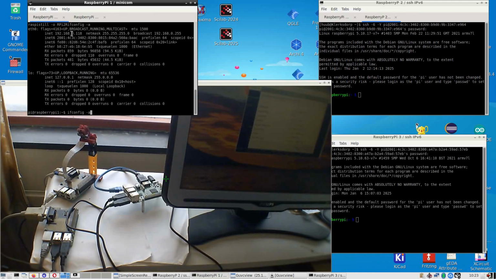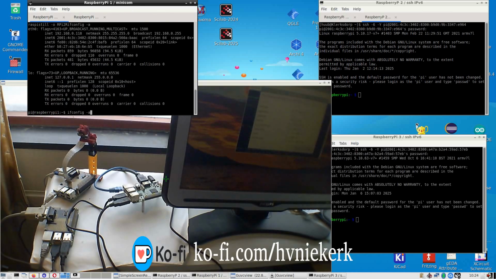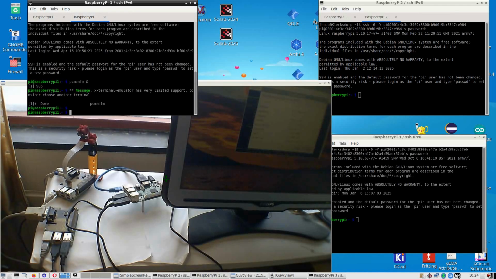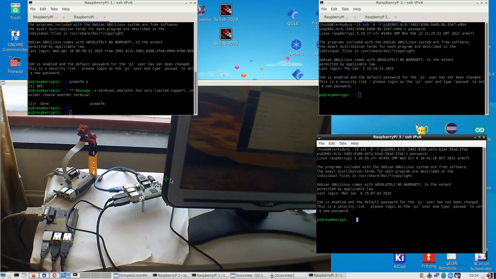My network is one network, and this gets for some reason 0, which means that I can only use SSH version 6, which I do here, or serial via Minicom. Same goes for the Raspberry Pi 2. And as I said in the introduction, Raspberry Pi 3 has no serial connection, so only SSH.